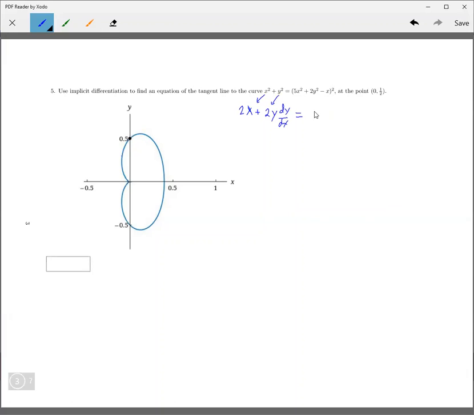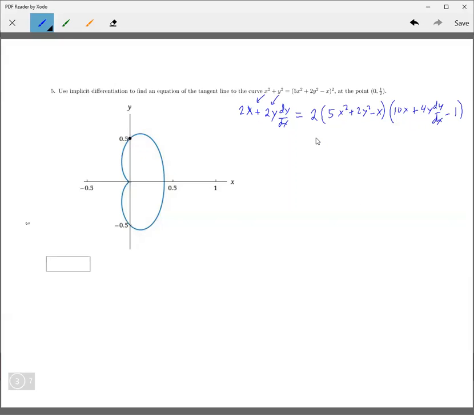That's the outermost function, so we handle that first. So that's 2u, or 2 times all this. And then we multiply by the derivative of the inside. Okay, this one is 10x. This one is going to be 4y dy dx. And then this is minus 1. Okay, so luckily we didn't have to use the product rule there.